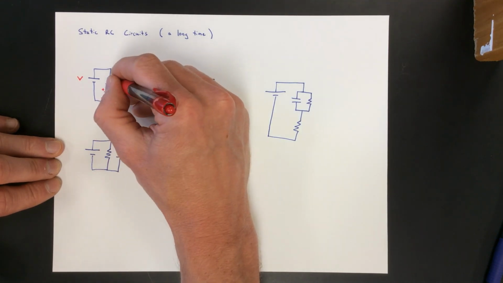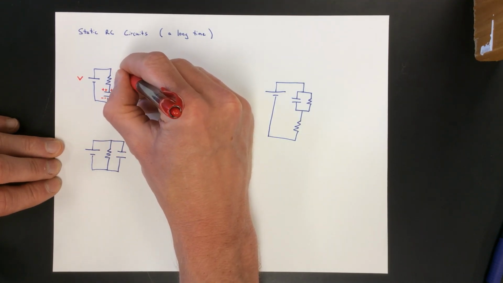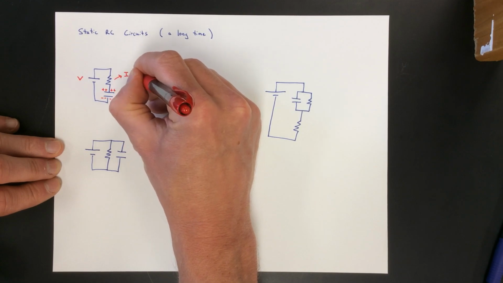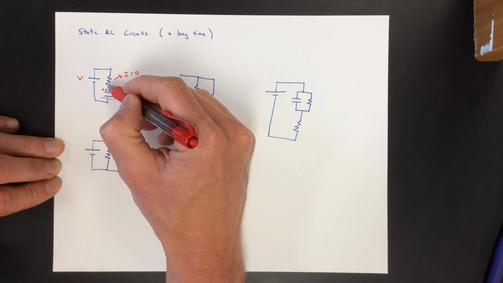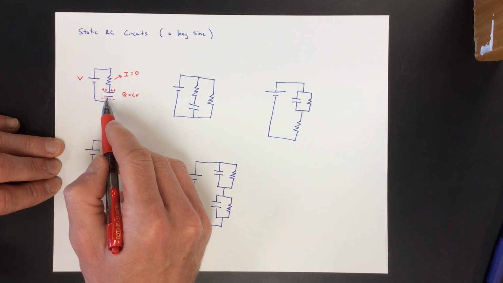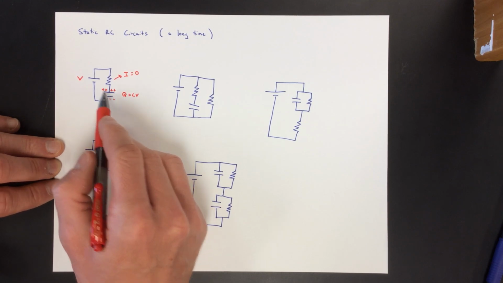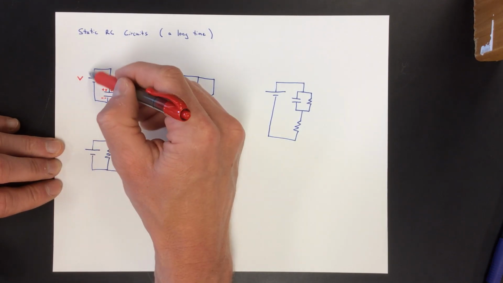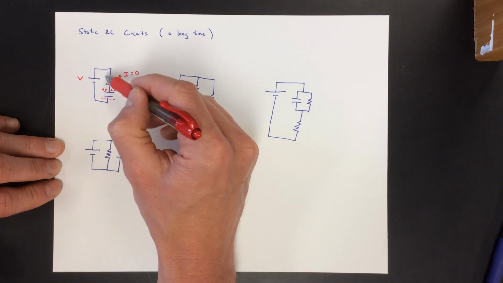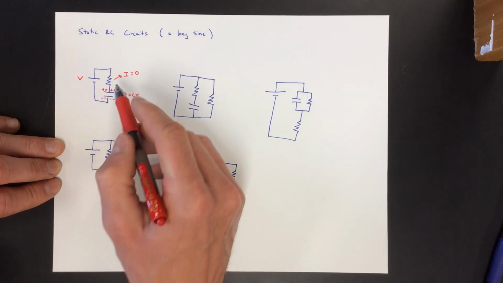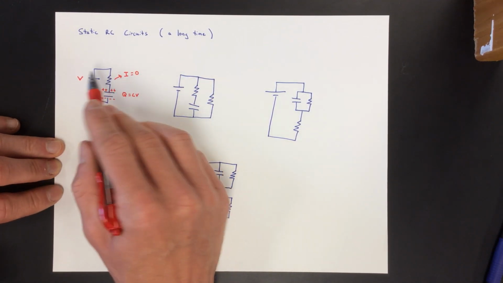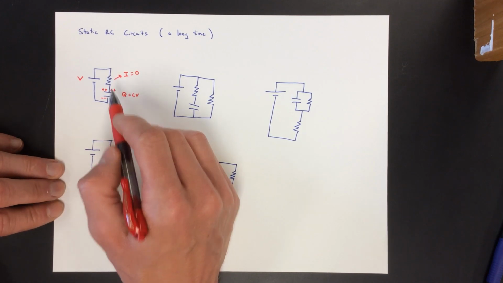Eventually this current is zero. After a long time there is no more flow of current, because the capacitor is fully charged when it gets to the exact voltage of the battery. Battery gain, battery loss, no voltage over here, no current over here. So after a long time, there'd be no current flowing anywhere in the circuit.